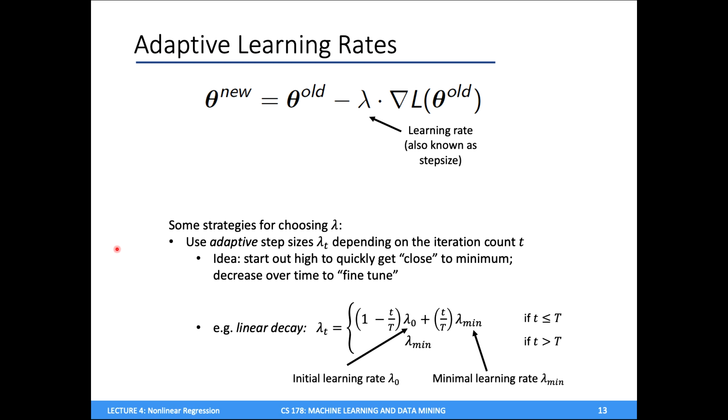And then we linearly interpolate between lambda naught and lambda min. So the first part of the equation is just a linear interpolation. To do linear decay in this way, we'll also need to choose a number of decrease steps, capital T. So we decrease our learning rate for a total of capital T steps, and then we fix it at lambda min for the remaining update steps.